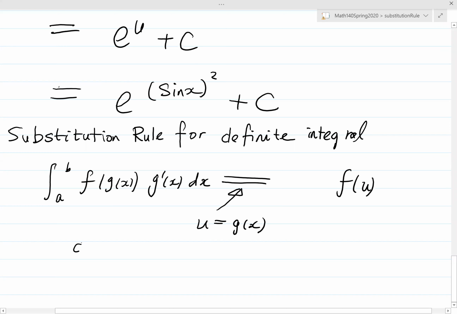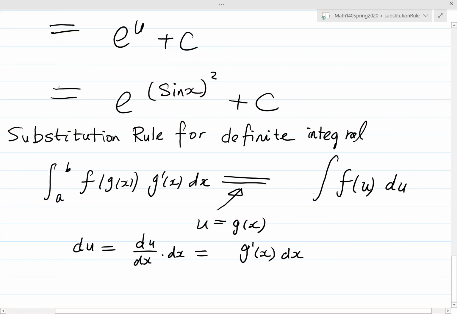Here du is du over dx times dx, where du over dx is the derivative of u with respect to x. U is g, so it's g prime of x dx. So this is du.